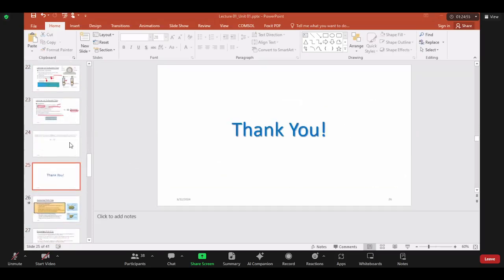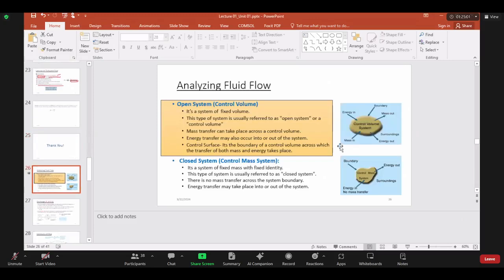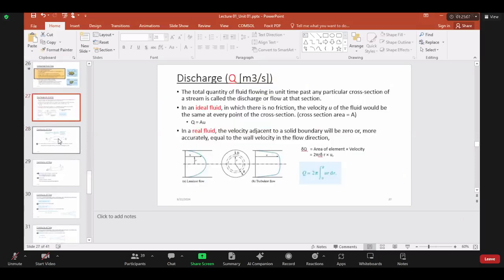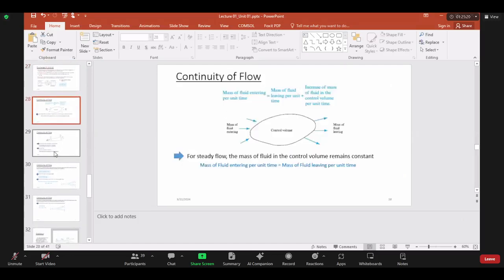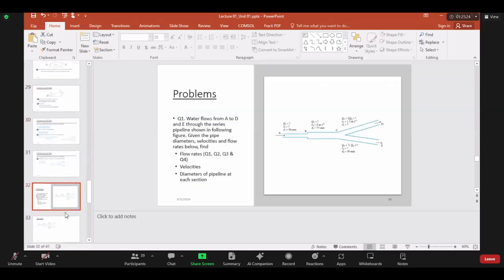Today's lesson I will wind up now. Next day we will discuss what discharge in a fluid is, and also open systems, closed systems, and discharge in flow rates. We will discuss how to calculate flow rate and what the equations are.